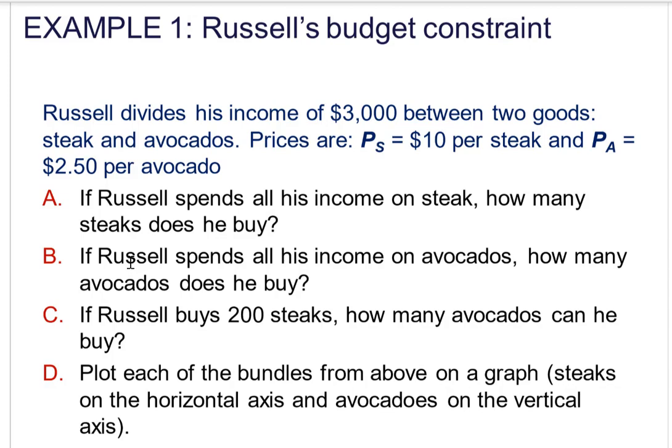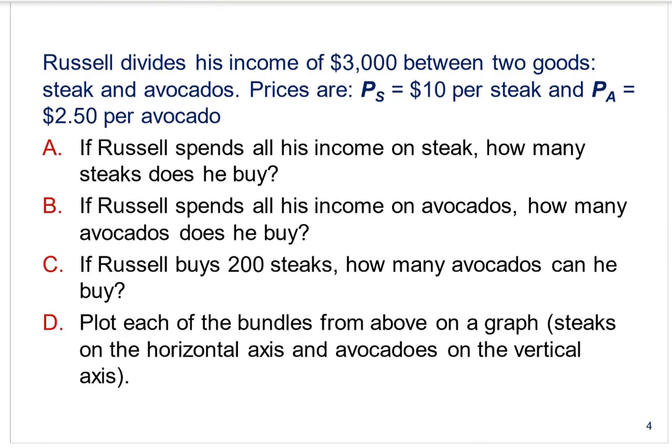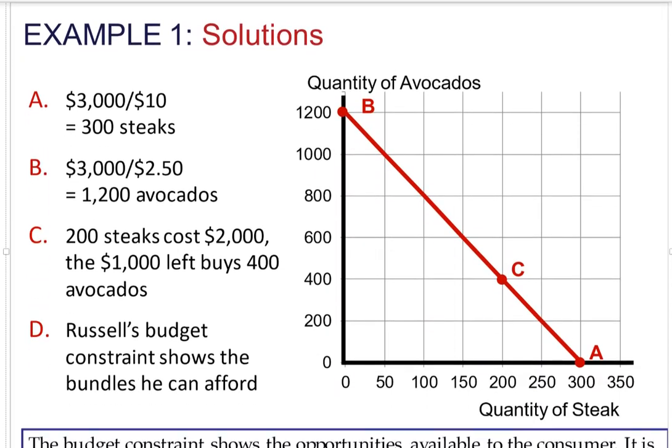The first question is, if Russell spends all his income on steak, how many steaks does he buy? B, if Russell spends all his income on avocados, how many avocados does he buy? C, if Russell buys 200 steaks, how many avocados can he buy? And plot each of the bundles from above on a graph, steaks on the horizontal axis and avocados on the vertical axis.